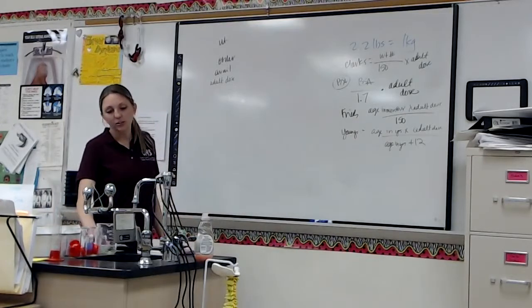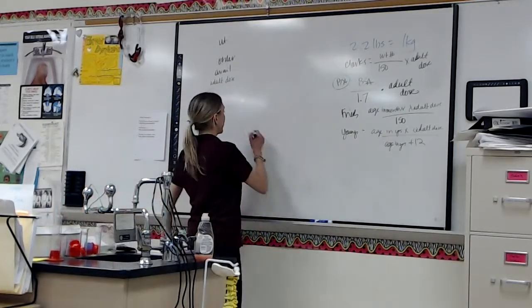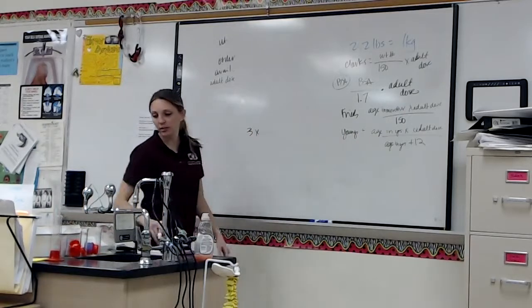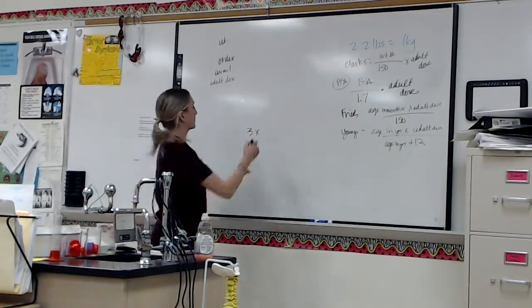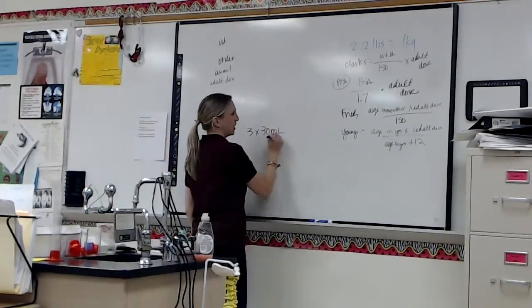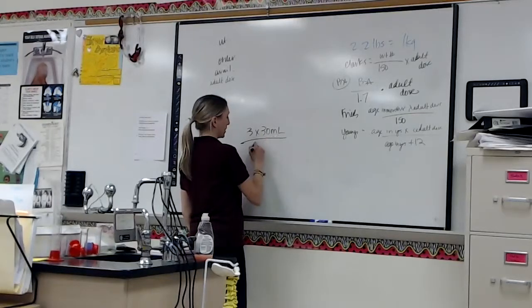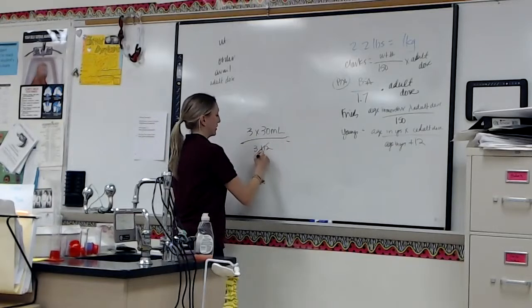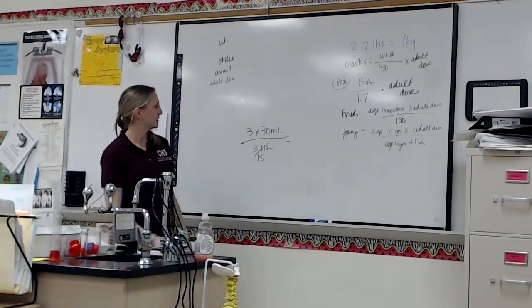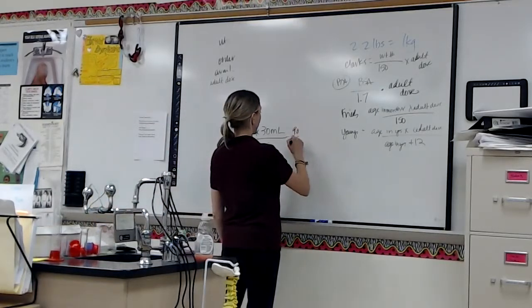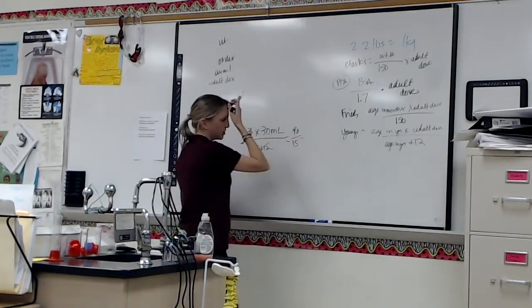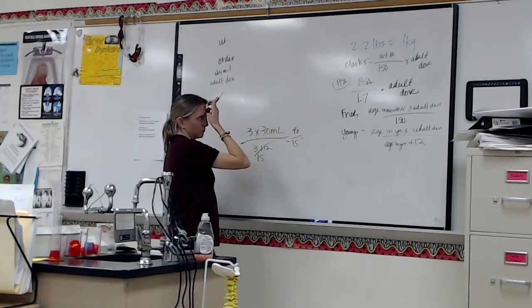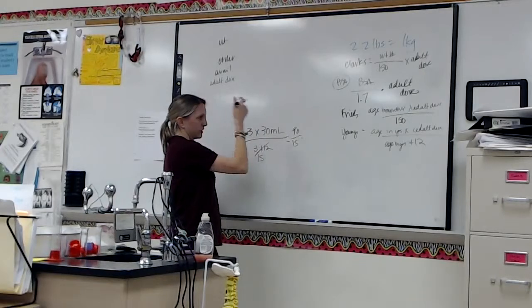Okay, so their age in years is 3. The adult dose is 30 milliliters divided by their age in years, 3, plus 12, which is 15. So 3 times 30, I've got 90 divided by 15, which is 6.